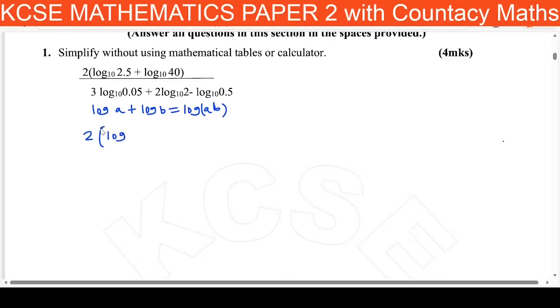So we have 2 into brackets logarithm of. Now we take this number and multiply by this. Therefore, we have 2.5 multiplied by 40. So that is what we will have for the numerator. Let's go to the denominator and see what we get.